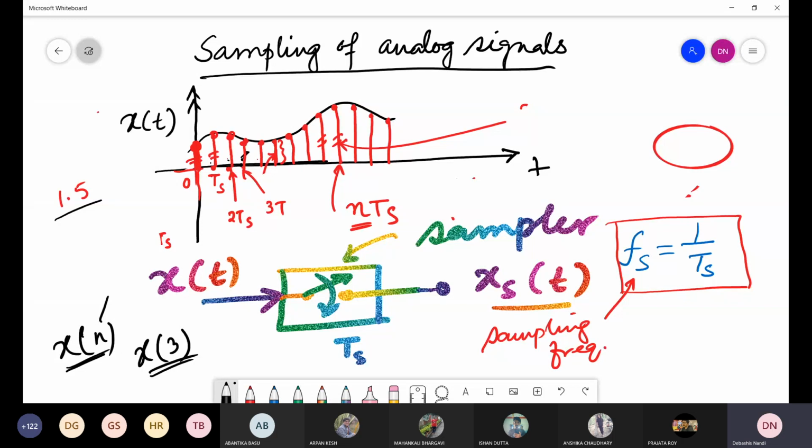Therefore, whenever I want to process a signal with a decimal value, we have to represent the decimal value in binary representation. So if you convert this 1.5 into a binary number, how many bits are required? You can calculate how many bits are required for representing 1.5 in binary form. Similarly, if one signal is like this, suppose 1.73.